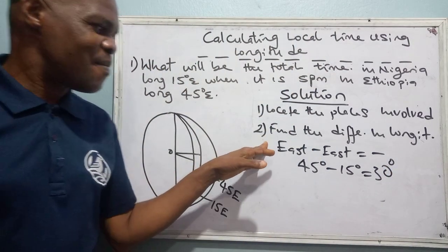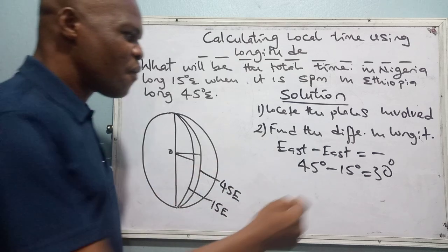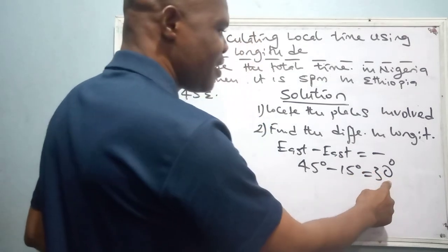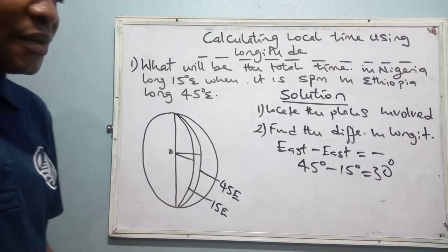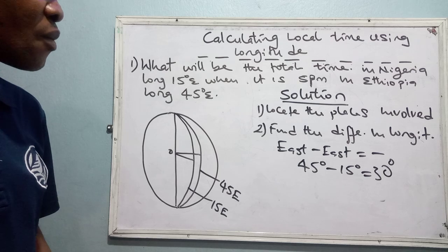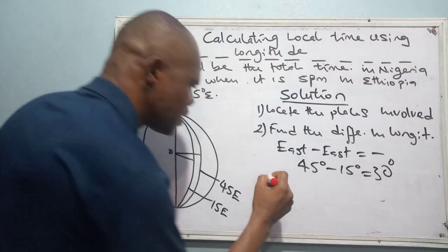That's the second step. So the next step is to convert this longitudinal difference to time. How do we do that? We have a simple convention. That's number 3.